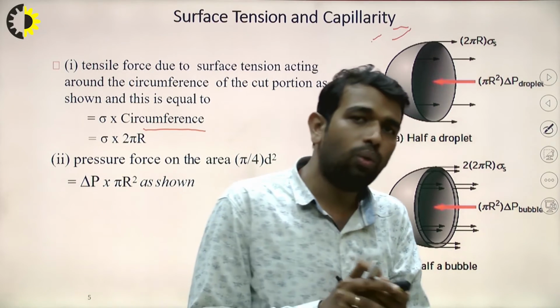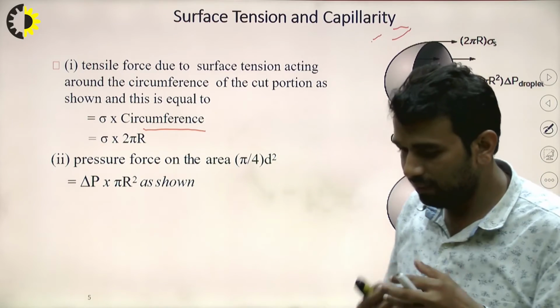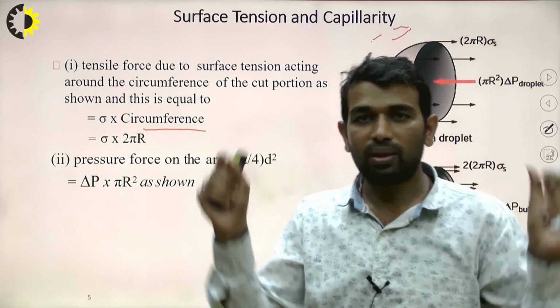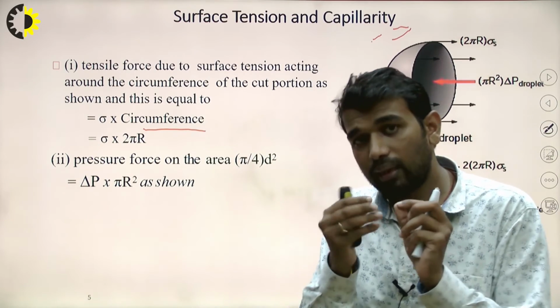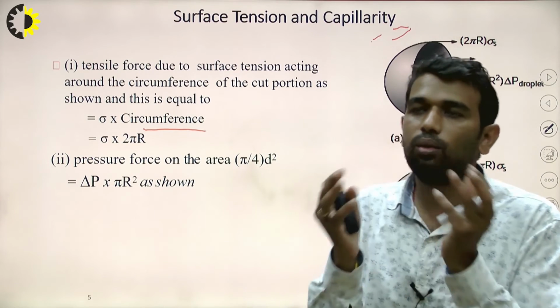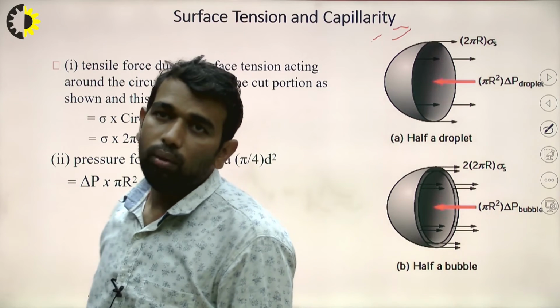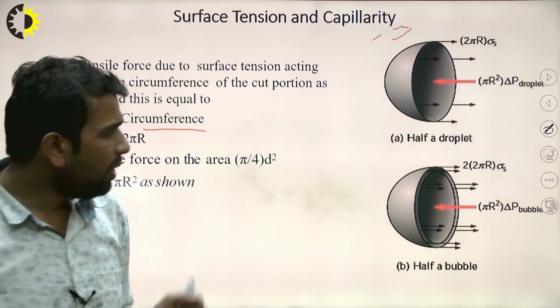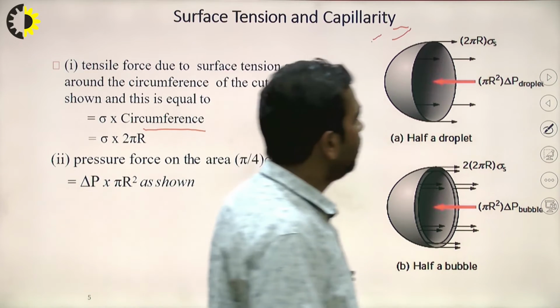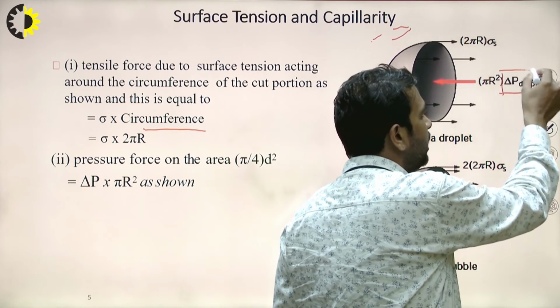If not, this droplet is going to burst, because if the outer pressure is high and the inside pressure is low, definitely this droplet is going to collapse. So to understand that, we take the difference of the pressure from the inside to the outside as delta P.